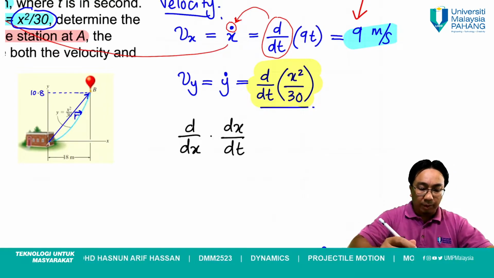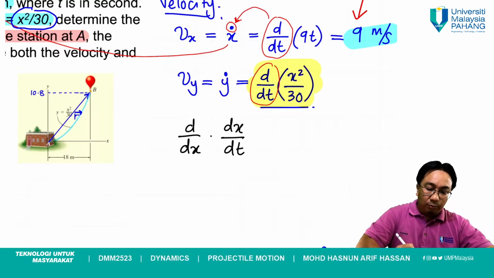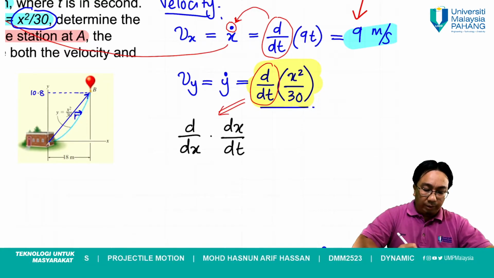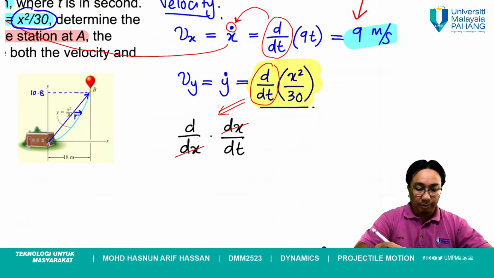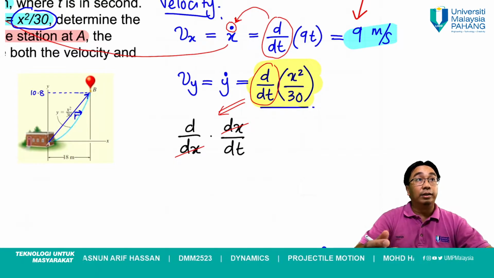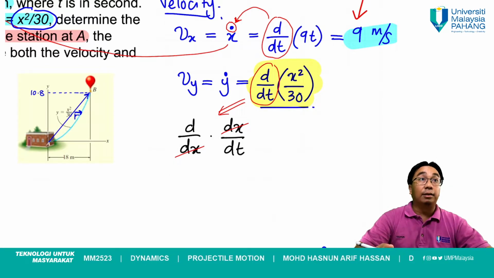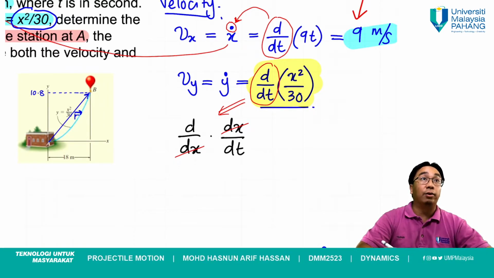So sebenarnya apa yang kita nak is d over dt. When we convert into this, kita tetap akan dapat d over dt. So basically you boleh cancel dx and dx. Do you get this? So kita nak d over dt, tapi we have to rearrange a little bit sebab kita nak differentiate x square over 30.